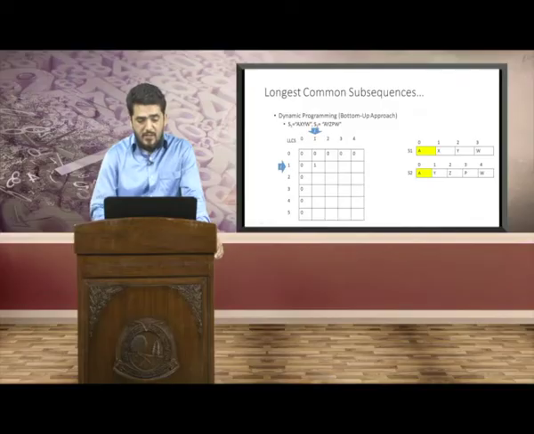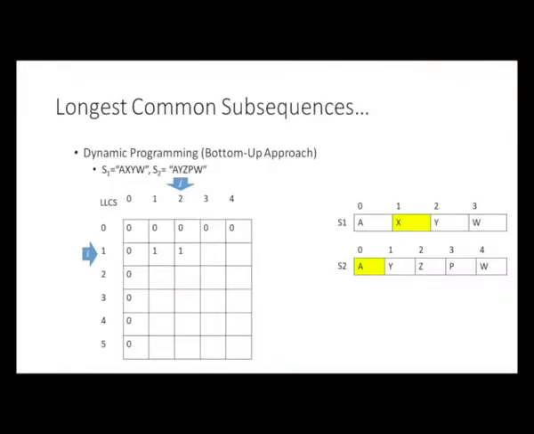Now, when we increment j to the next character and we see that x and a for these two sequences do not match, then the value here would be the maximum of 0 and 1, which is 1. So, we have stored 1 here.